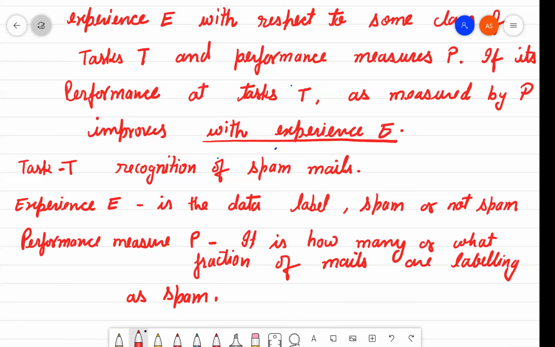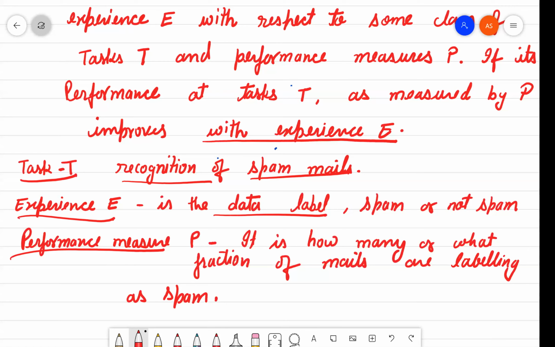So what is task T? Task T is the recognition of spam mail, experience is the data which we are giving to the system, and performance measure is to calculate how many mails are labeled as spam correctly.